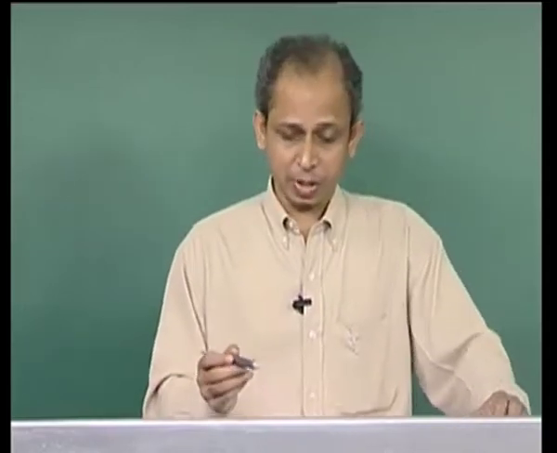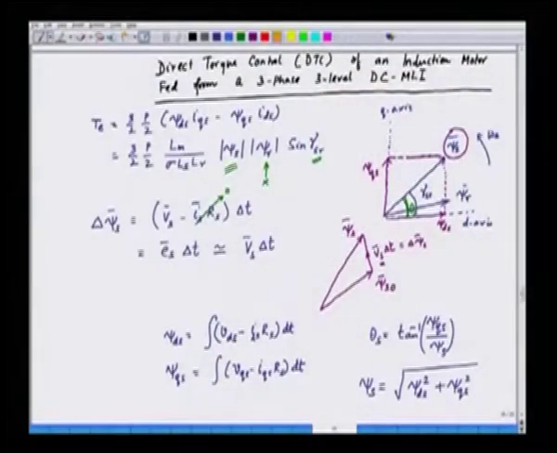Te is equal to the constant 3/2 into P/2, Lm/(sigma Ls Lr), and then psi s is the amplitude of the stator flux, psi r is the amplitude of the rotor flux, then sin gamma SR. This gamma SR is the angle between the two fluxes, the stator flux psi s and the rotor flux psi r, the flux vectors.